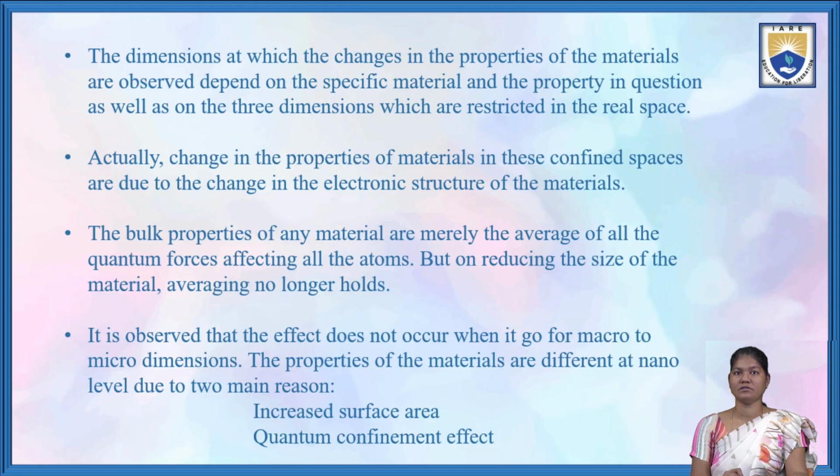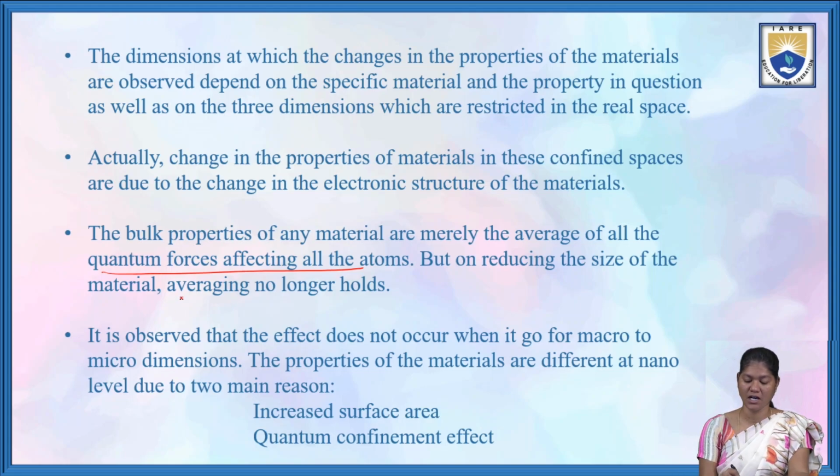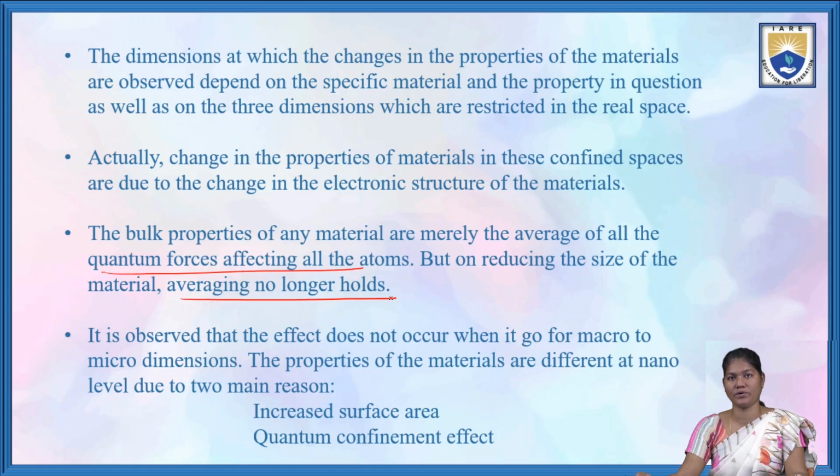When coming to the bulk properties, the bulk properties of any material are merely the average of all the quantum forces affecting all the atoms. But on reducing the size of the material, averaging no longer holds.